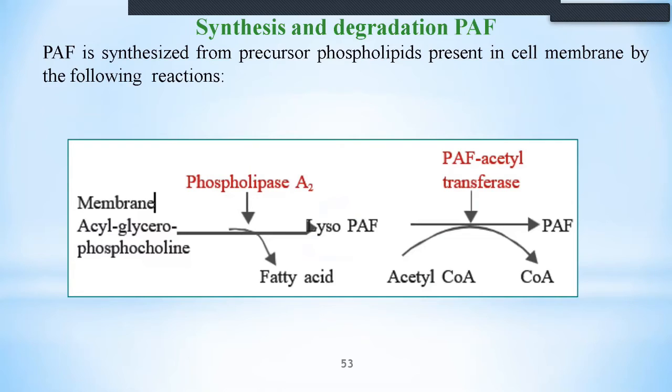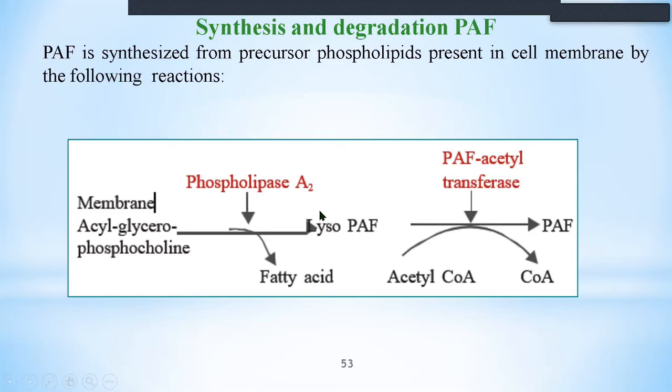Membrane bound acyl glycerophosphocholine is converted by the phospholipase A2 enzyme to lyso-PAF, and PAF acetyl transferase is the enzyme which uses acetyl-CoA to convert lyso-PAF to platelet activating factor. So the enzymes here are phospholipase A2 and PAF acetyl transferase.